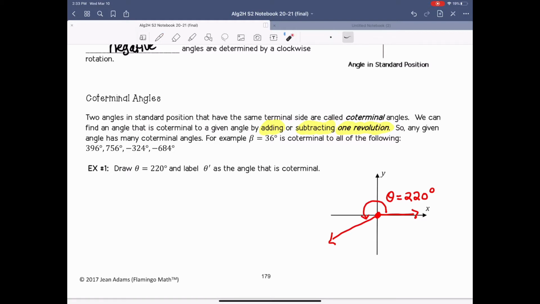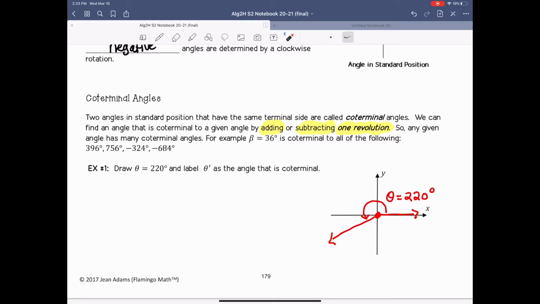And think about it. If I make a rotation of 90 degrees, that's going to be right here, this right angle formed with the x and y axes. A rotation to the other side of the x-axis is a 180 degree rotation. And so a little bit greater than 180 degrees is 220. So that's kind of how we visualize what 220 degrees looks like.